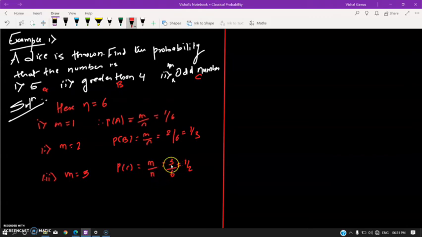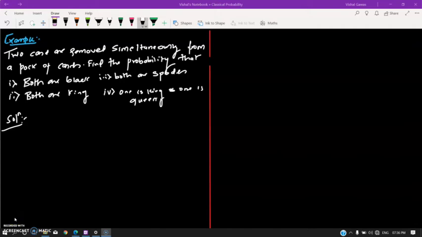So this is a simple problem. Let's look at another one. We have a pack of cards, and I'm removing two cards. I'm going to find the probability that both are black, then both are king, and one king and one other.